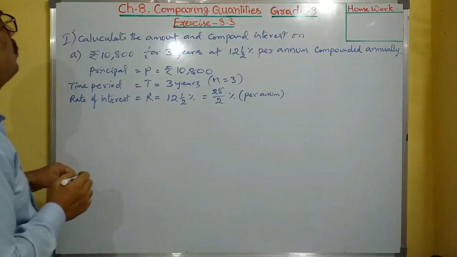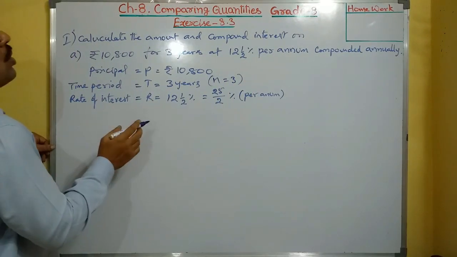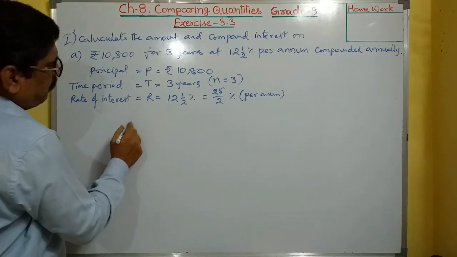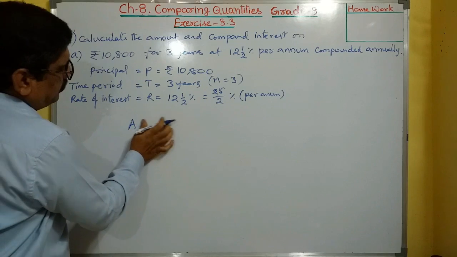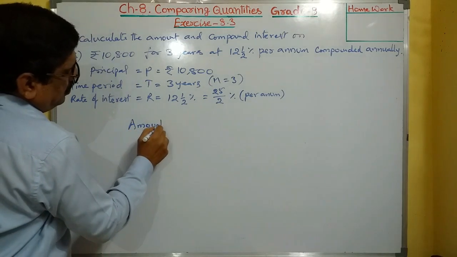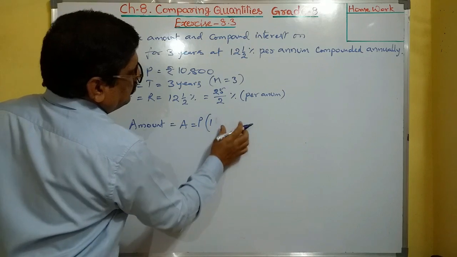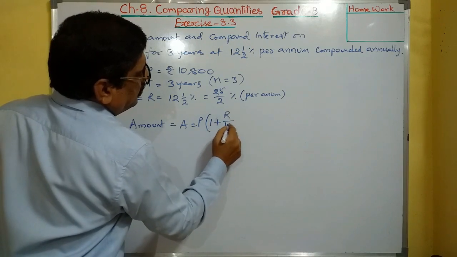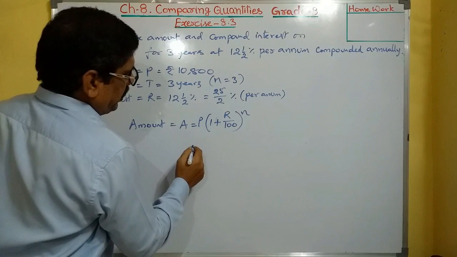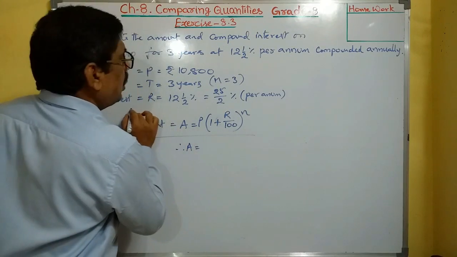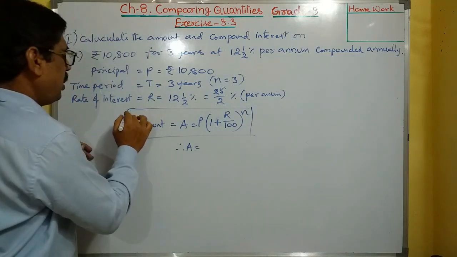Okay. Now we have to find the amount on compound interest. Therefore, what is the formula for amount? A is equal to P into 1 plus R by 100, whole to the power of n. Let us substitute the known values in this formula.